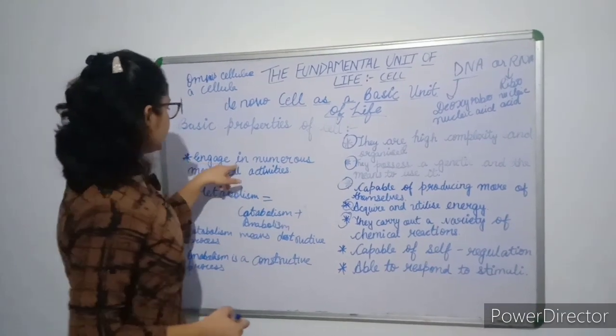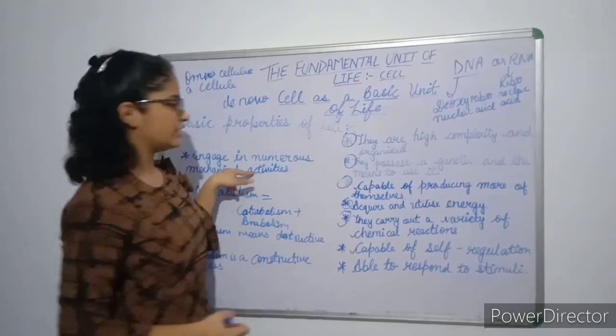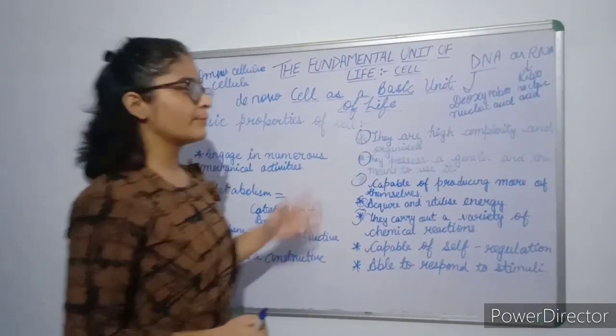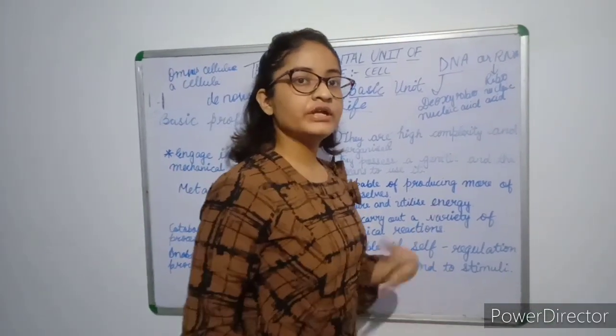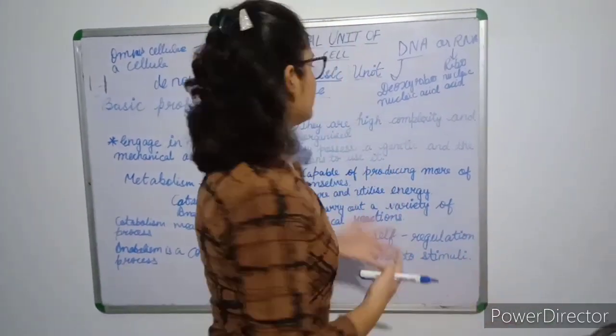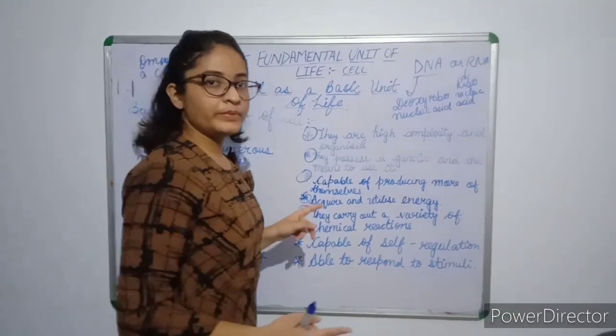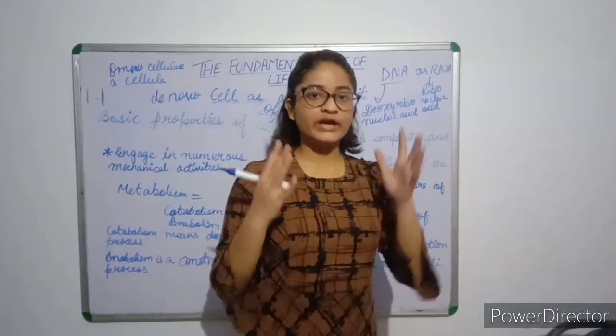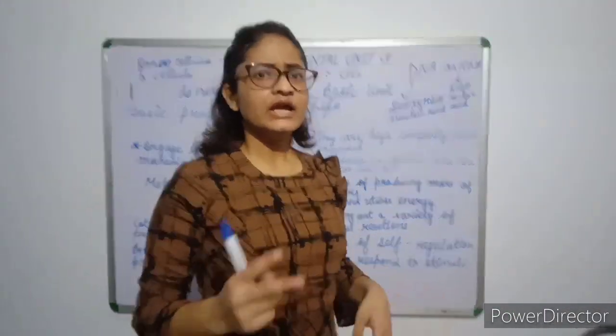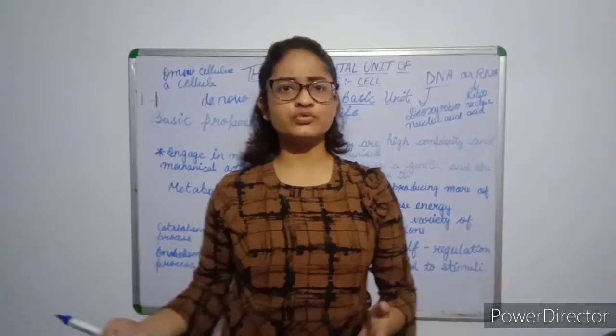Now, they engage in numerous mechanical activities. We have a short example which we will deal with in the next chapter, the WBC. A WBC, when it is in a blood capillary, squeezes out to the tissues.